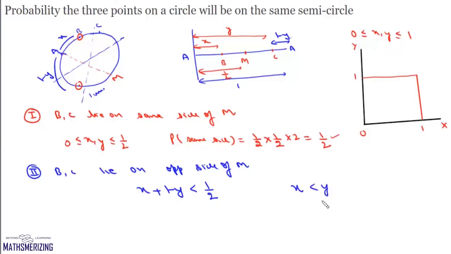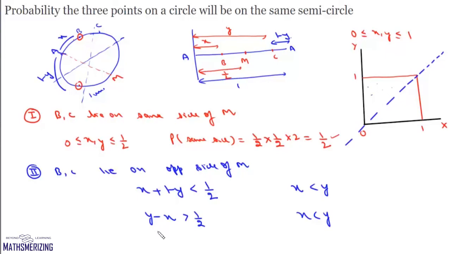So we have the first case, y minus x greater than 1/2, when x is less than y. So we'll mark this region. First we'll mark the x equals y line. So this is the x equals y line. Now x is less than y, so we are talking about this region.